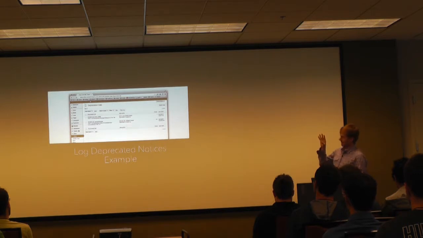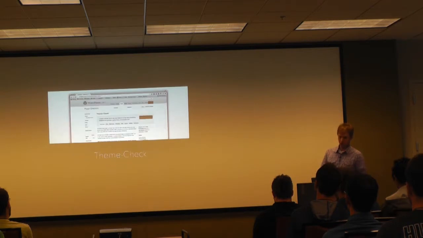So this isn't like an alarming thing, it's more of an awareness, because if you want to still use those older functions, those notices will still show up here, and you can just kind of cross it off your mental list.